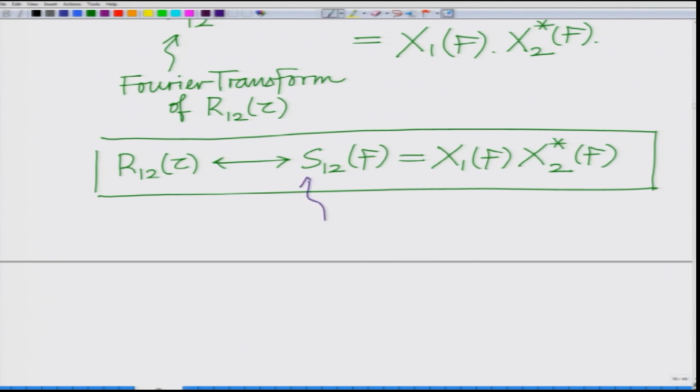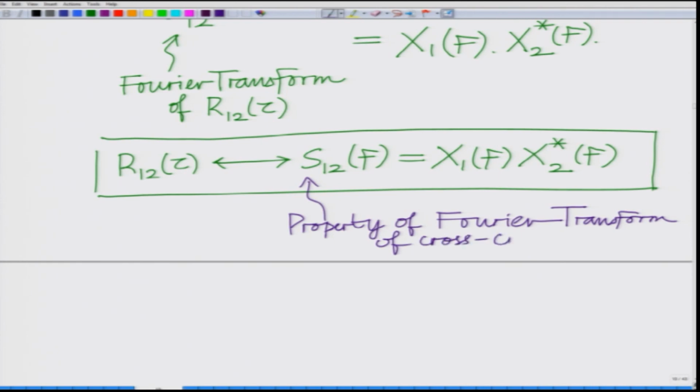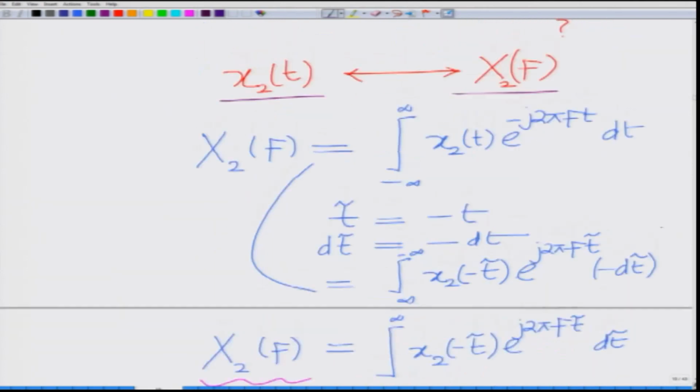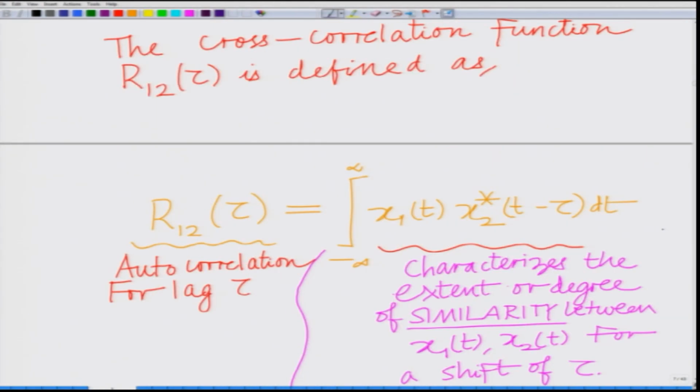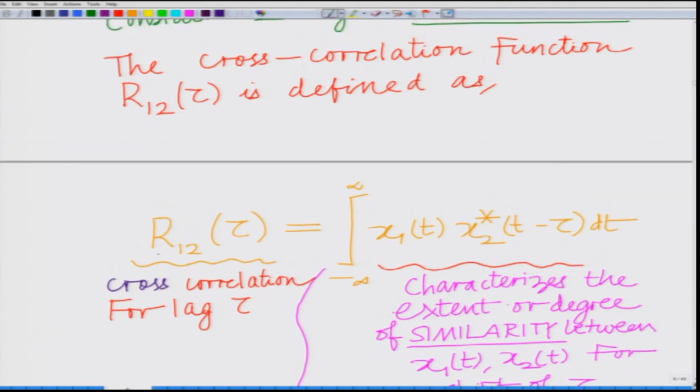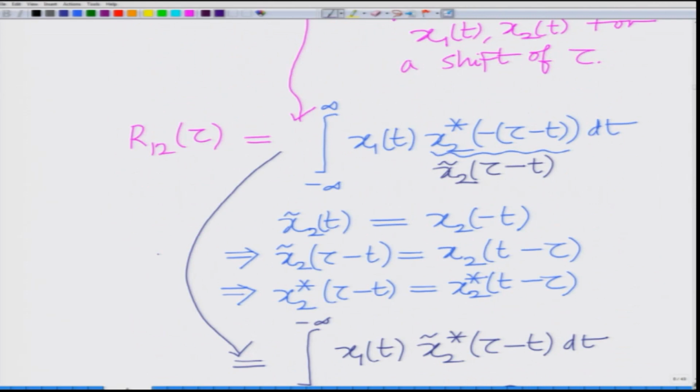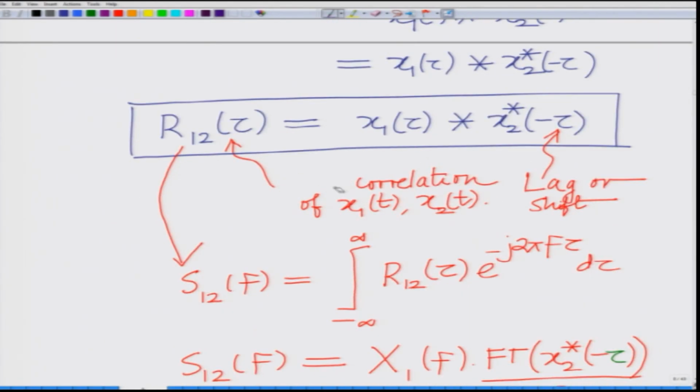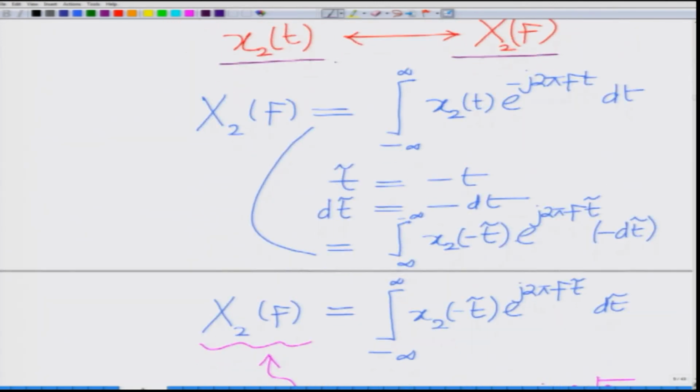This is the property of the Fourier transform of the cross correlation between two different signals x1 of t and x2 of t, where R12 denotes the cross correlation between x1 of t and x2 of t for a lag of tau.